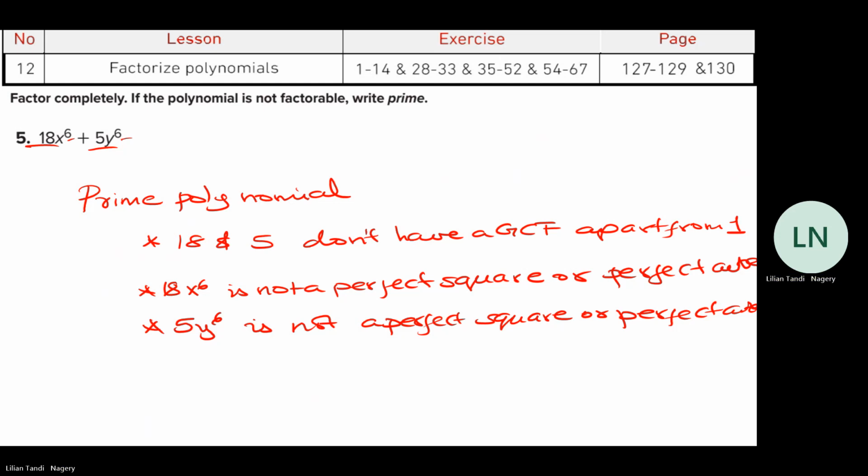Okay, so those are my reasons. So I checked for square root and I checked for cube root and I also checked for GCF. Okay.